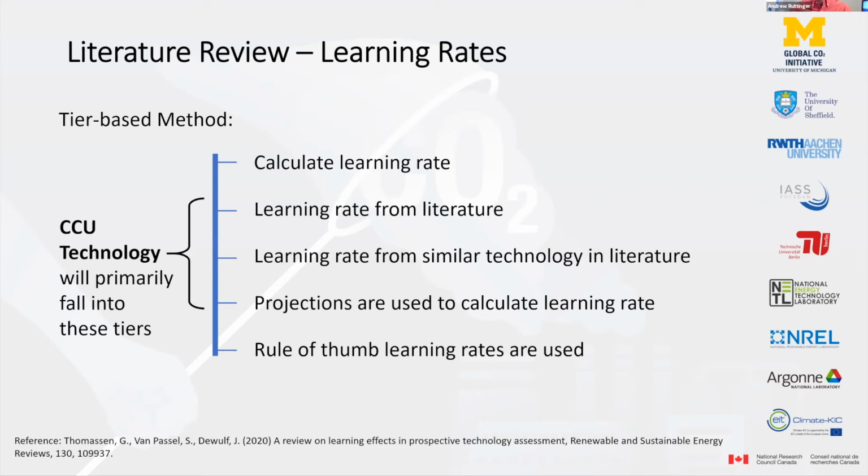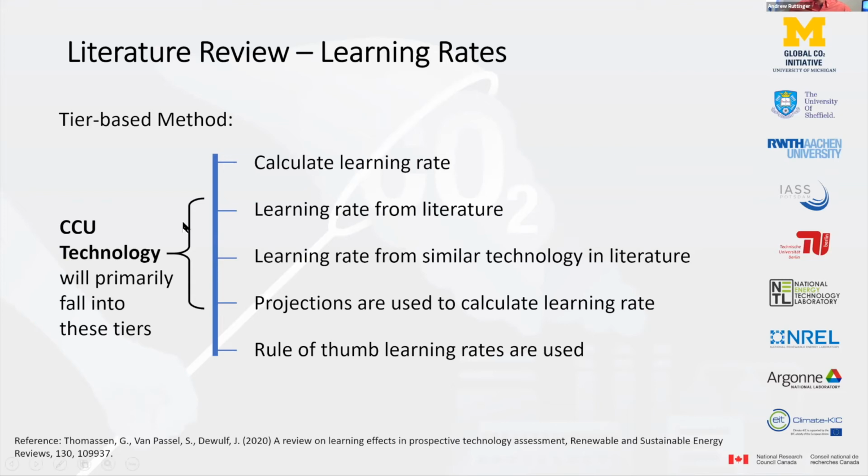For example, we might take a learning rate from literature. More likely, as you'll see for CCU technology, we take it based on a similar technology in the literature. One example I'll give is CO2 electrolysis, which perhaps hasn't been demonstrated ubiquitously at a large scale.